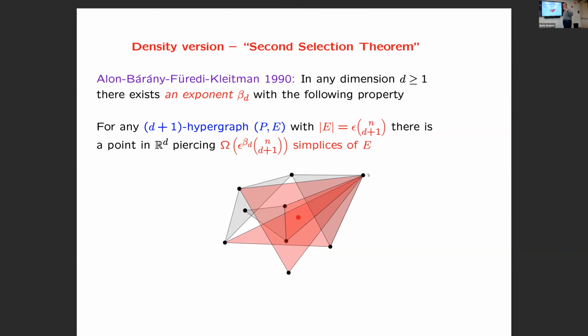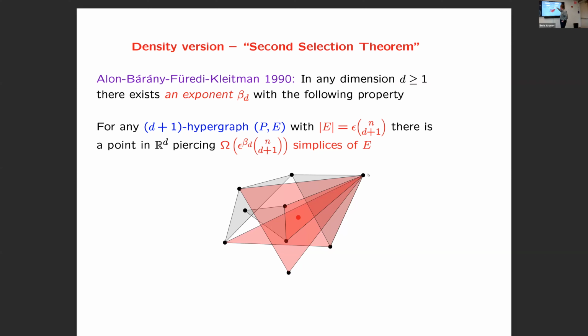an even harder version of the same problem, where we have a hypergraph which contains only some epsilon fraction of the d-dimensional simplices. Again, we have a d+1 uniform hypergraph of simplices, and it has density epsilon.